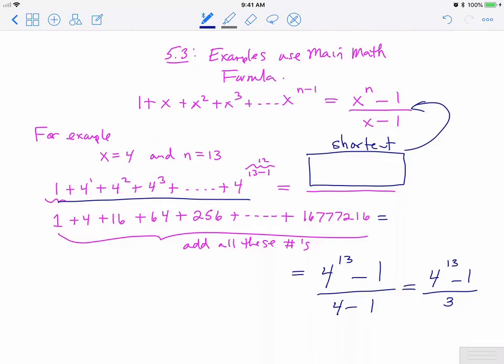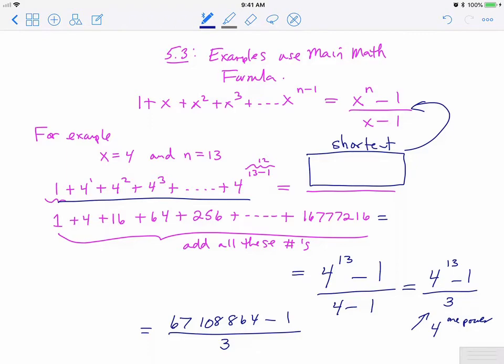Notice that all you need to do is 4 to only 1 power. So you just go to your calculator and do 4 to the 13th power, which comes out to be 67108864. Then you subtract 1 and divide by 3.